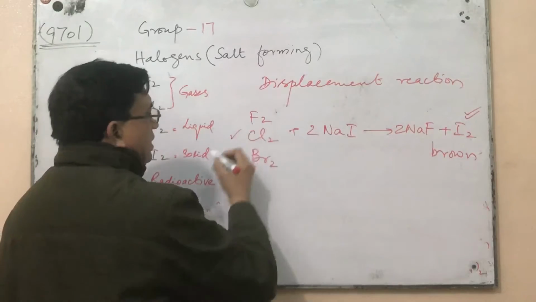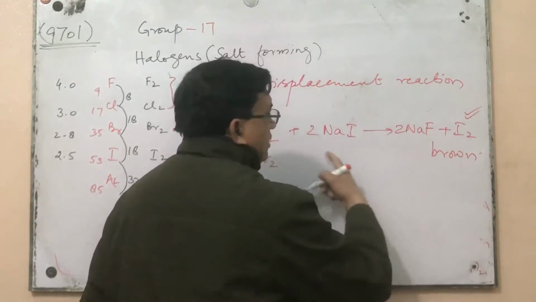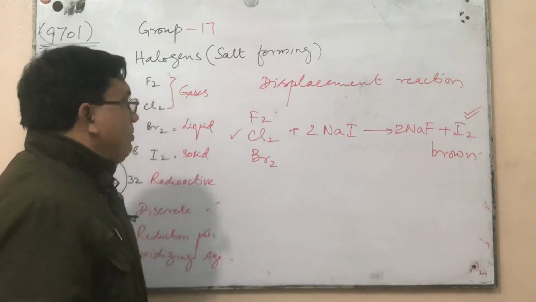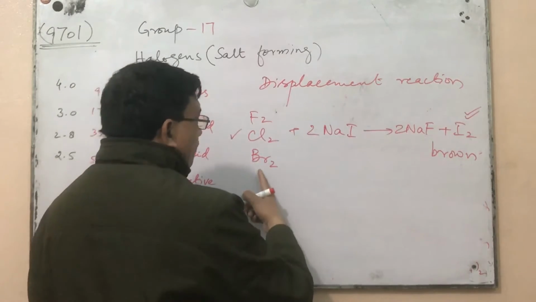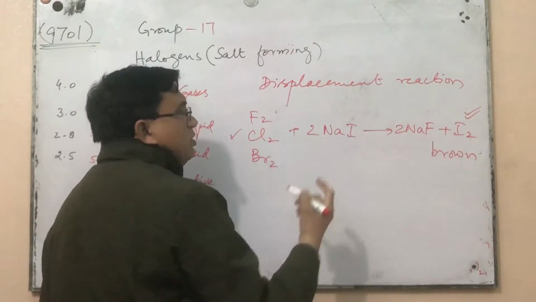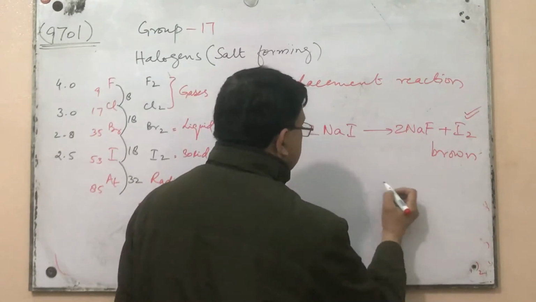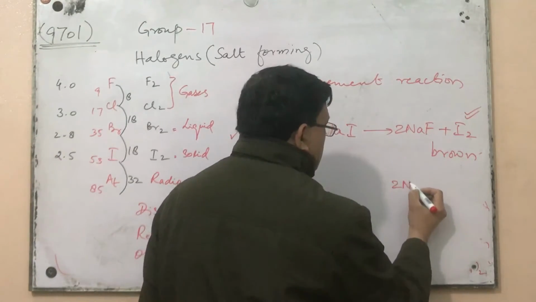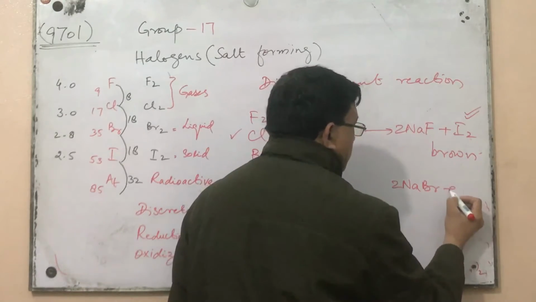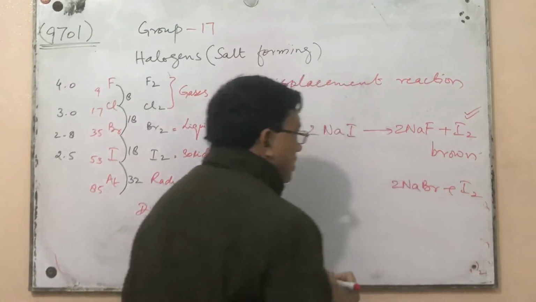If we pass chlorine, the same color change will be observed. But if we pass bromine through sodium iodide solution, it will produce sodium bromide along with iodine.